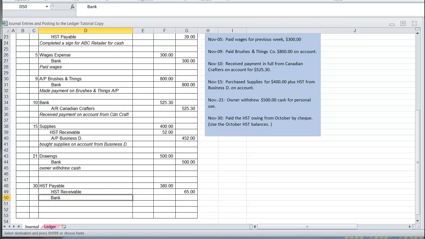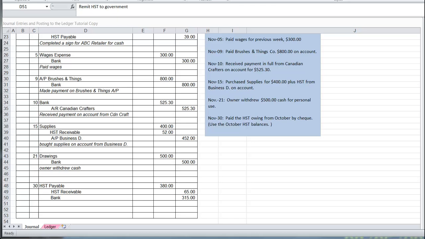And so the difference, if we take $380 and subtract $65, that's $315. So the company has to pay the government $315. And so we would put something like remit HST to government.